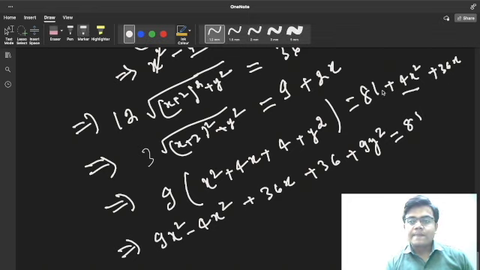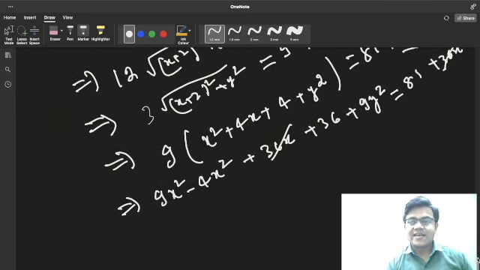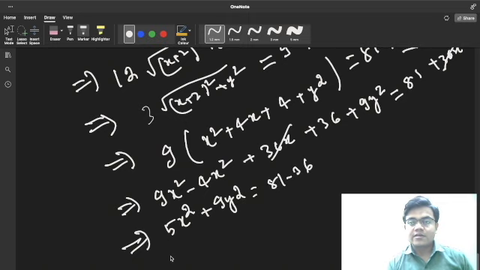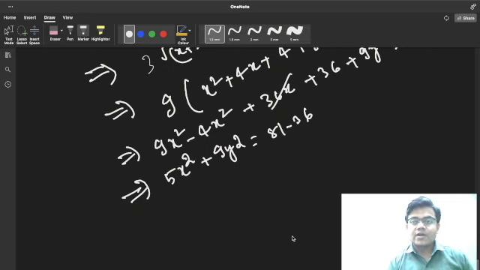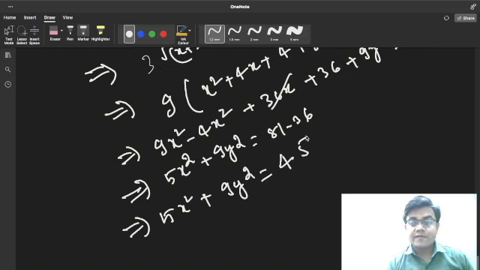And 36x were there, so these two will be cancelled. We had already transferred this earlier, I don't know why, but yes, we had done it. So it will become 5x square plus 9y square equals 81 minus 36. So it will become 5x square plus 9y square equals 45.